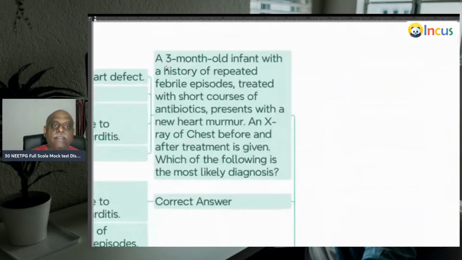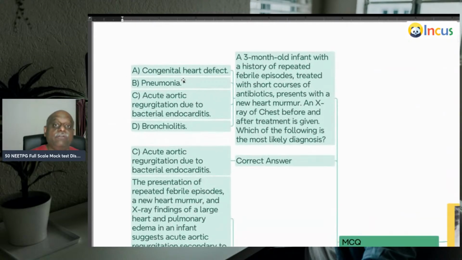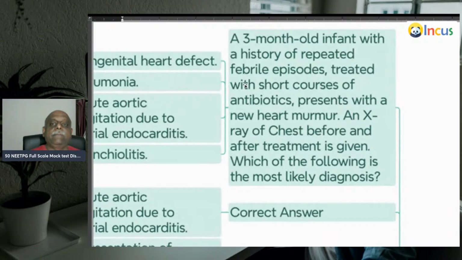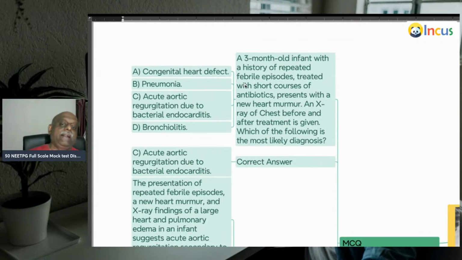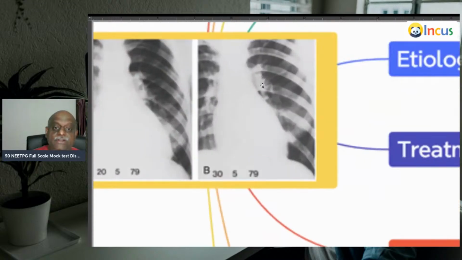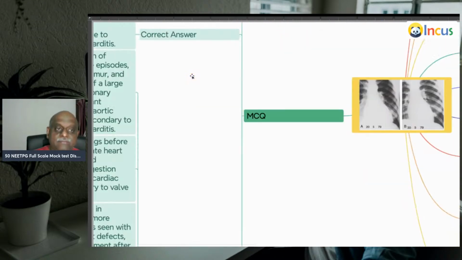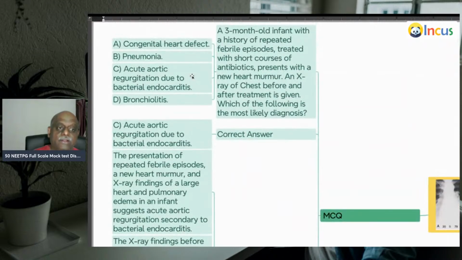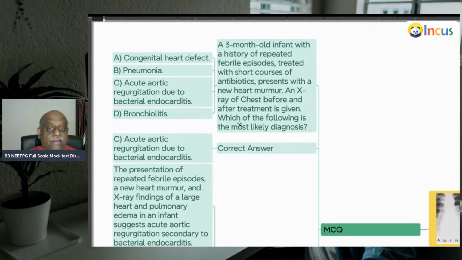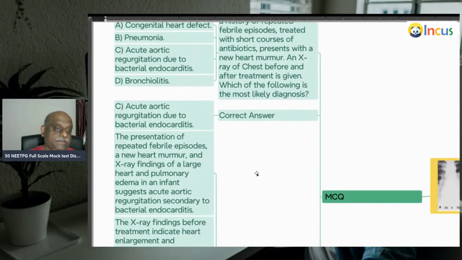Now, a 3-month-old infant with a history of repeated febrile episodes treated with a short course of antibiotics. An X-ray of the chest had been shown to you before and after the treatment. So, what is the most likely diagnosis?